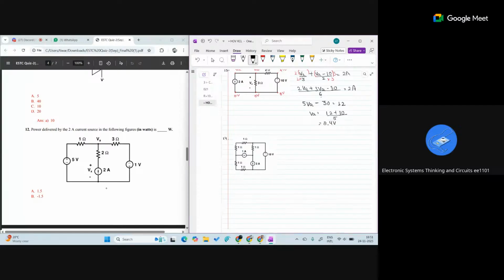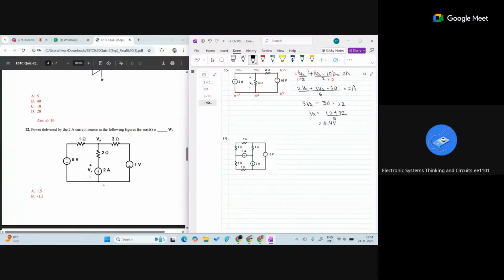Because basically there is no current across this 1 ohm resistance. Okay, this VA is 5 volt, but you can't take the negative of Vx also as 5 volt. I guess that will be 0 volt itself.